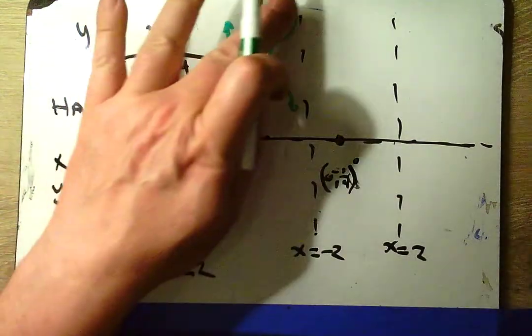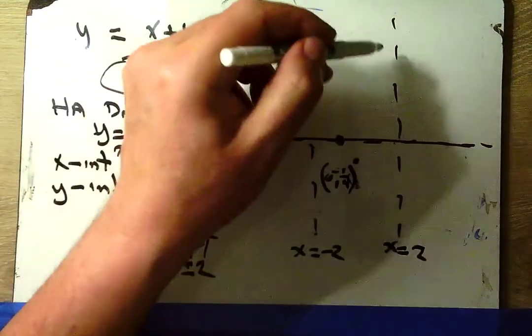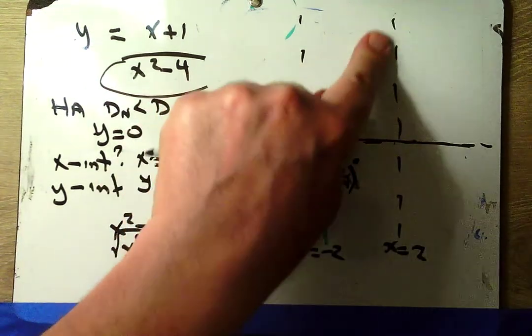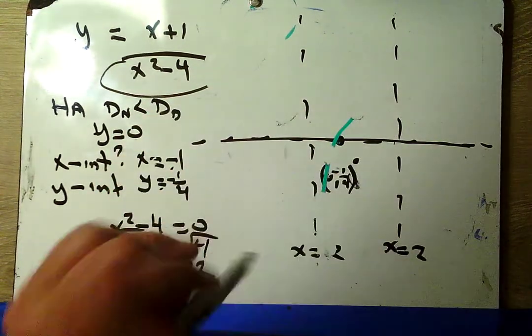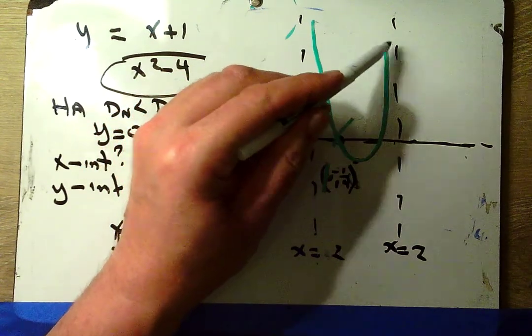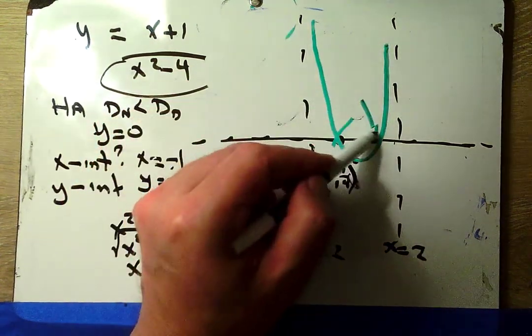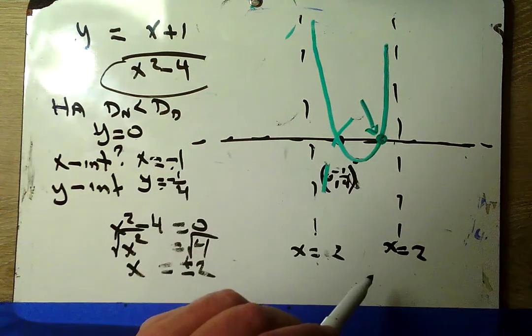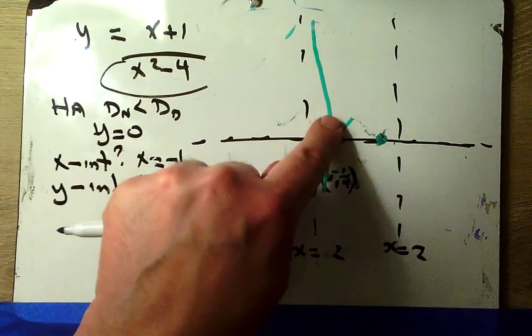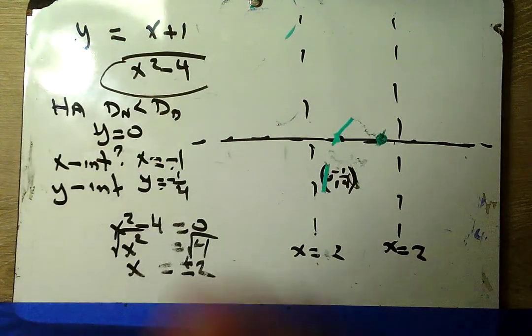Okay, so now let's think about some shapes. Can I do this one? Not if I want to hit that point. Can I do this one? Well, sure, except did we have two x-intercepts? No, we did not. So what is our option?